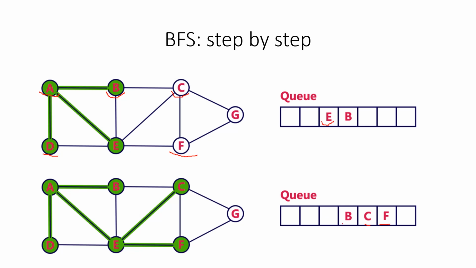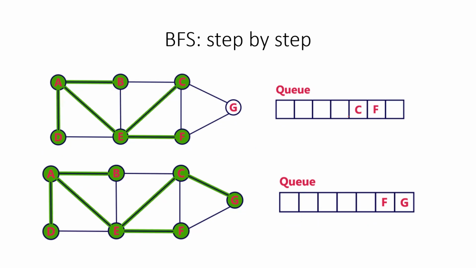Then next we have B, right? When we take out B, all the adjacent elements of B are already discovered or in our queue. So we just take out B from the queue. Next, we take out C from the queue.